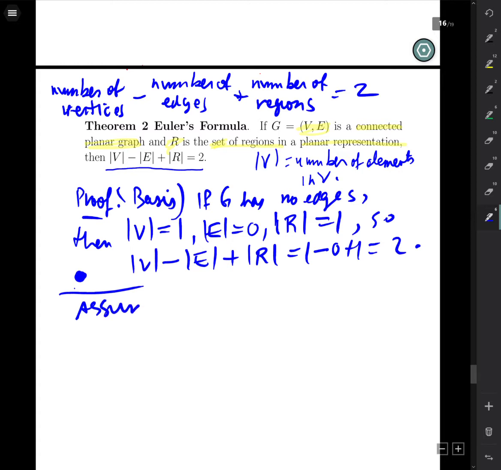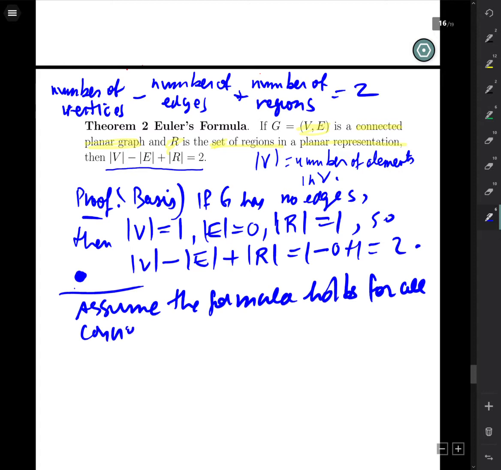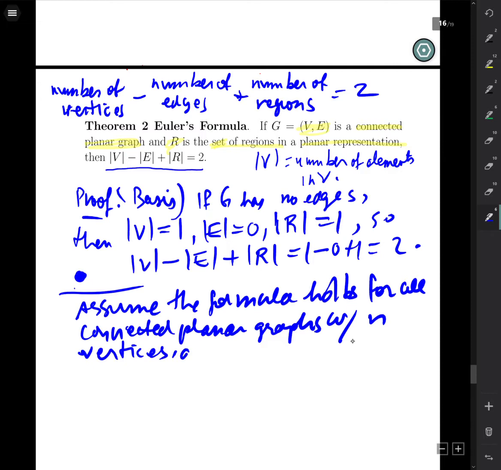Assume the formula holds for all connected planar graphs with n edges, and let G be one, by which I mean a connected planar graph with n plus 1 edges.